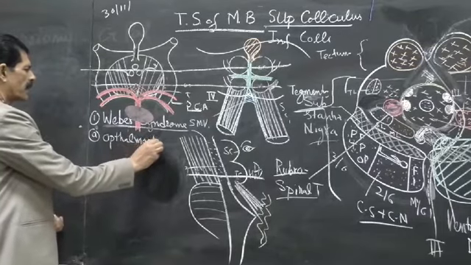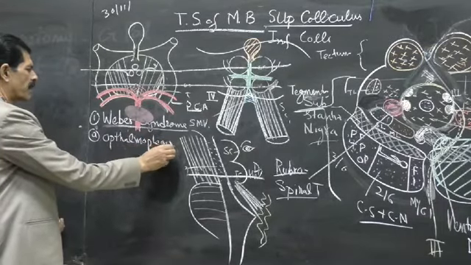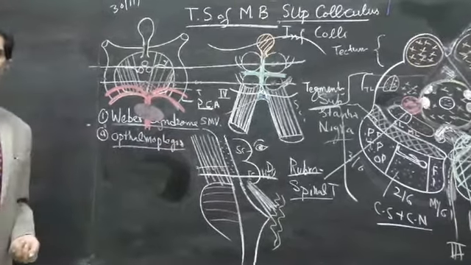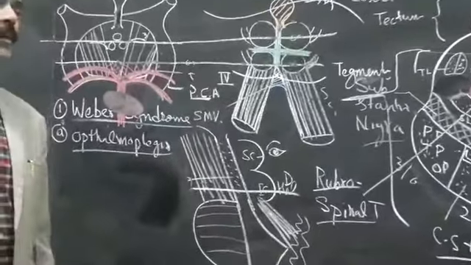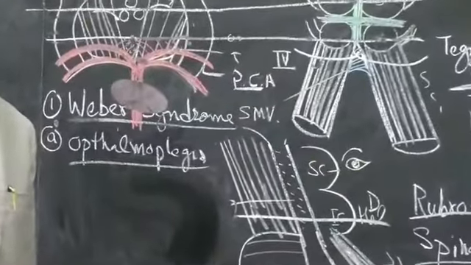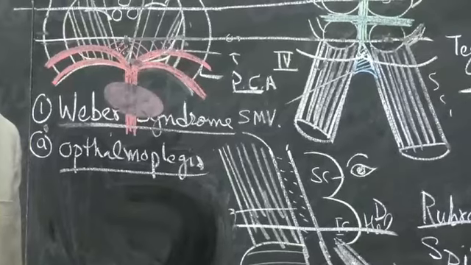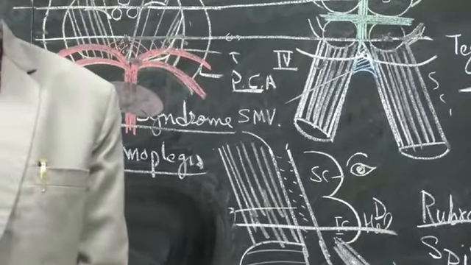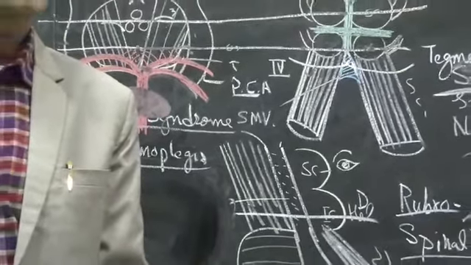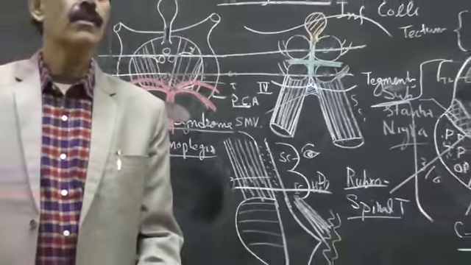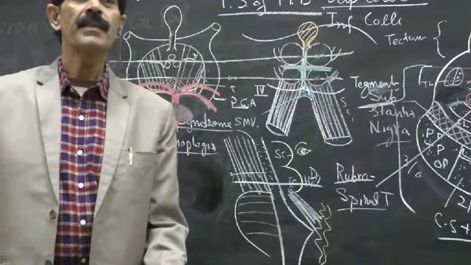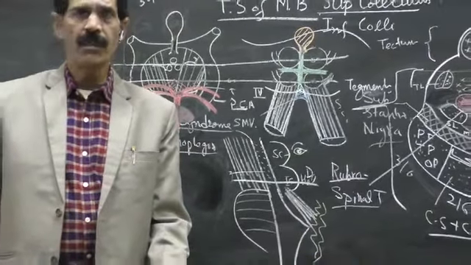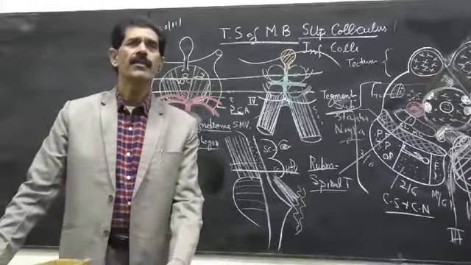Ophthalmoplegia is the collective signs and symptoms of the oculomotor nerve. So in the ophthalmoplegia, many things are happening to the patient. Number one, oculomotor nerve lesion leads to the paralysis of all the muscles of the eyeball, all extraocular muscles except lateral rectus, which is supplied by the abducens nerve.